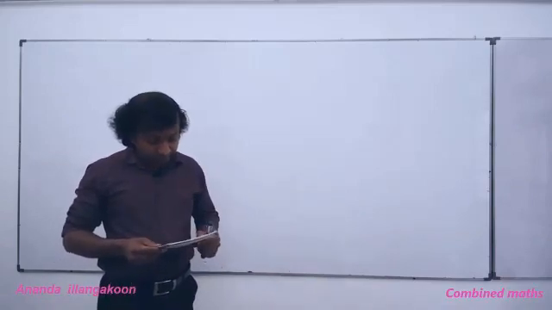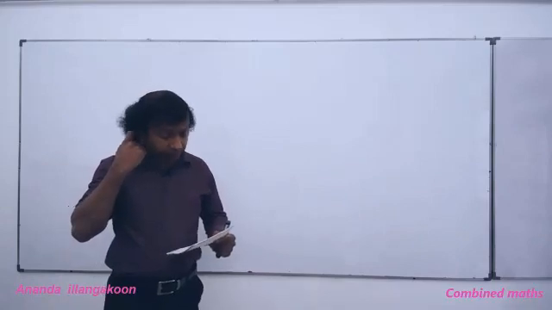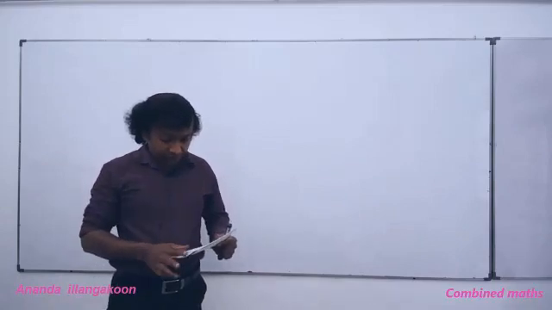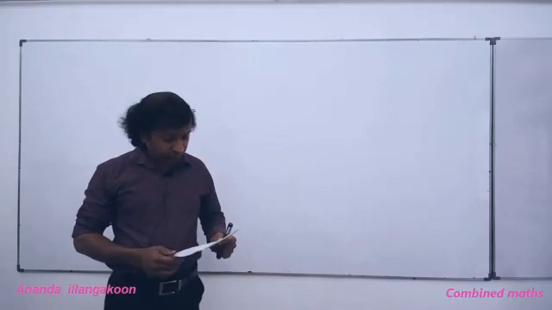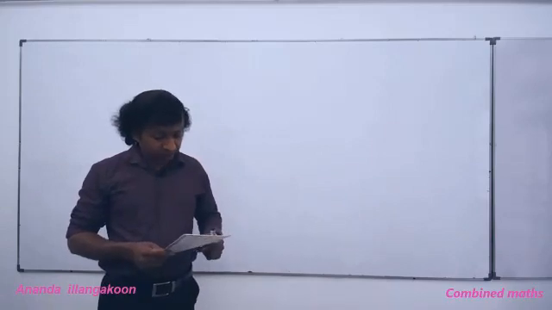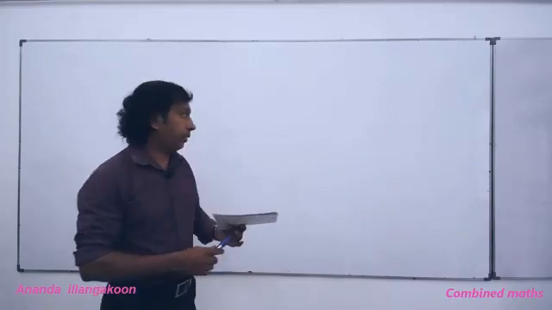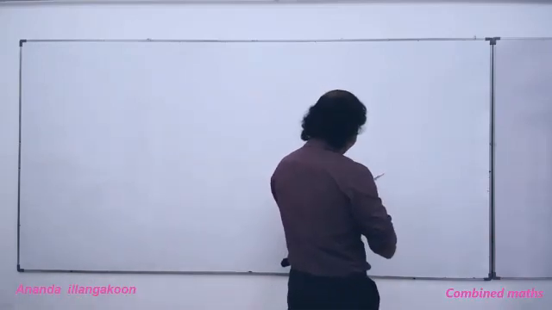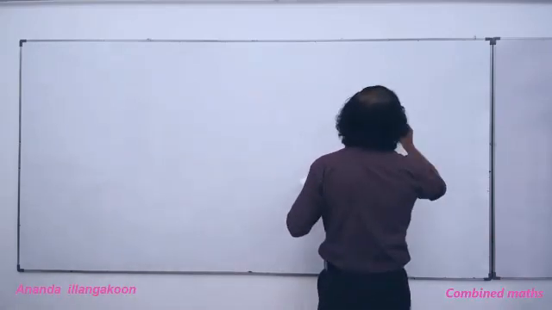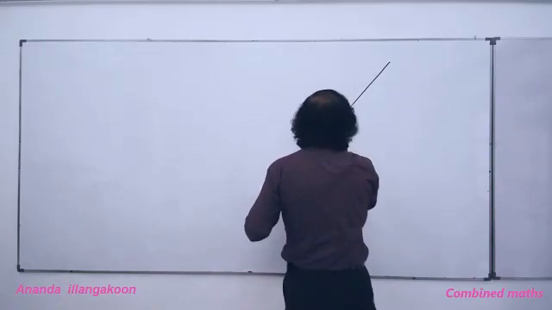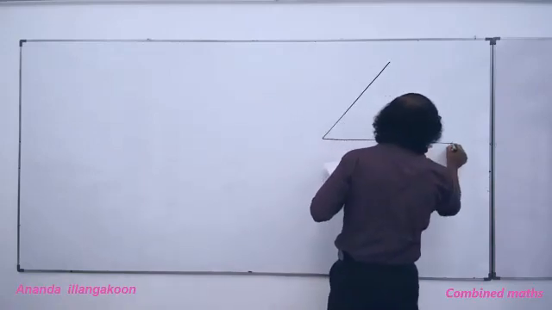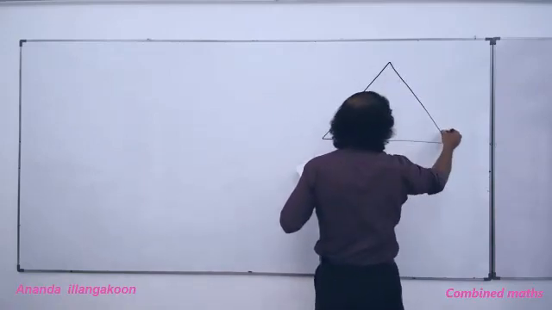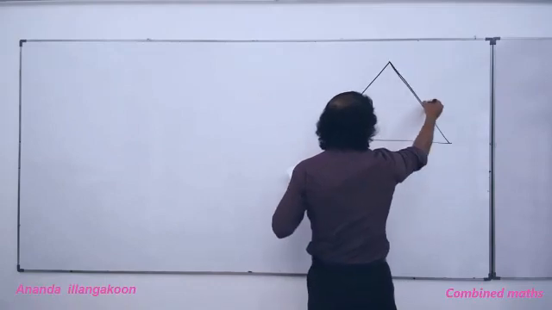Now, given next, OAB is a triangle. Given that OA vector is a and OB vector is b. This is our triangle OAB.